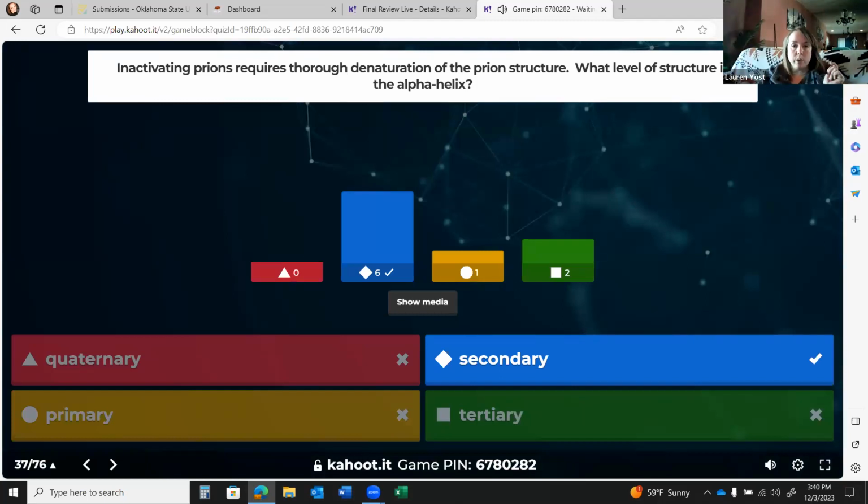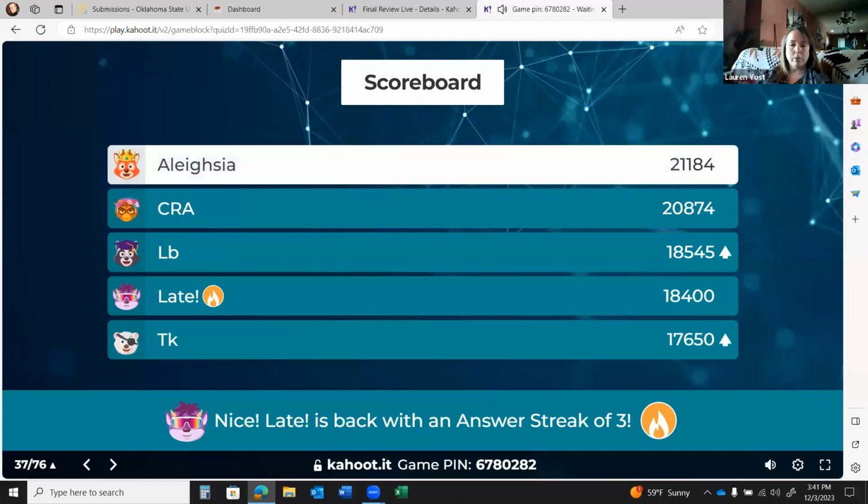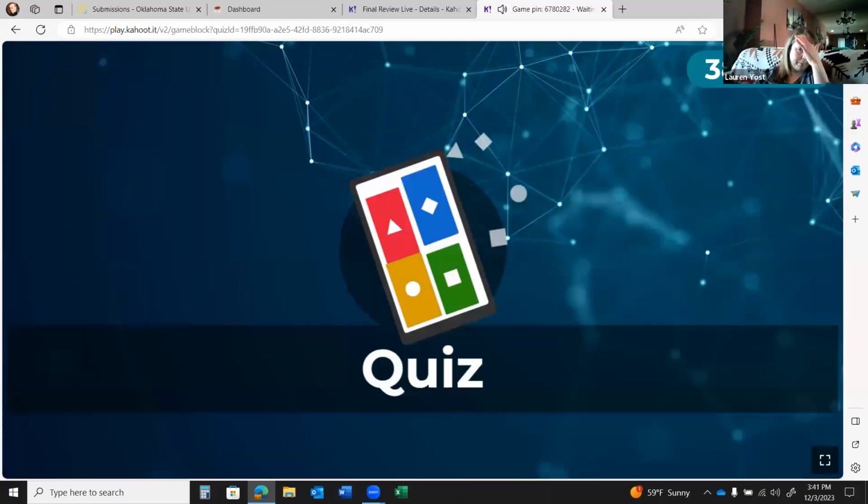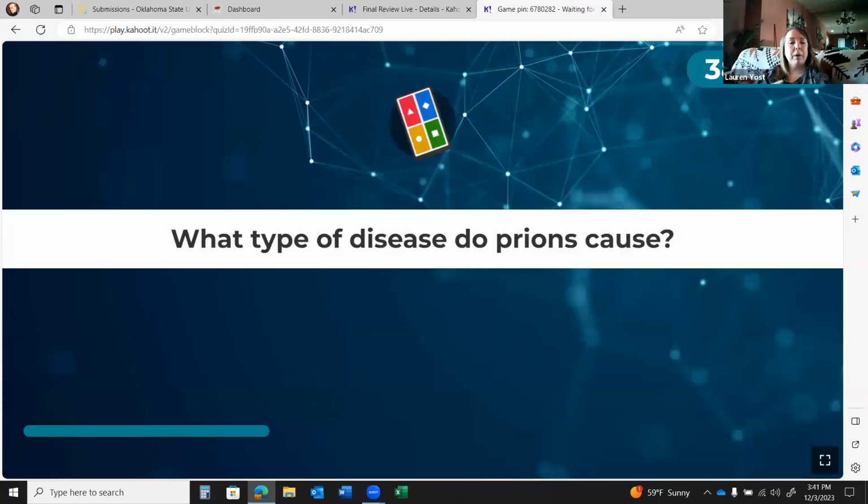Great job. I know that's one that we've gone over a bit routinely, so a lot of you are holding on to that one. It's great. So what type of disease do prions cause?